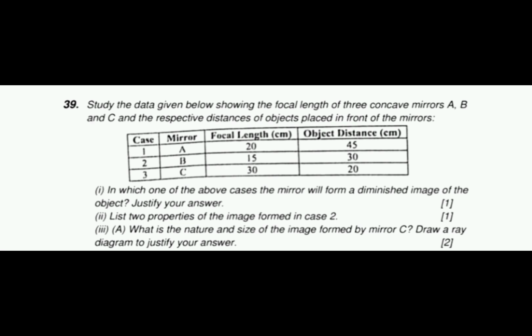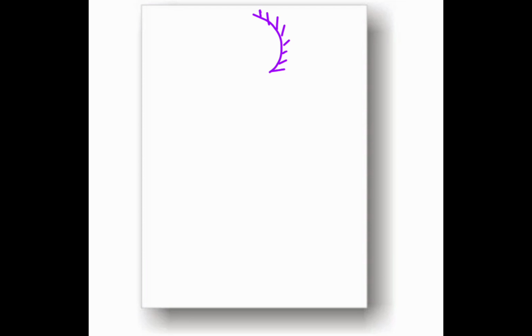Okay, let me draw the concave mirror. Then the principal axis, then mark the pole, focus and center of curvature. They have given the focal length. How much did they give? 20 centimeter. So from pole to focus is 20 centimeter. Then pole to center of curvature is 40 centimeter. What is our first case?